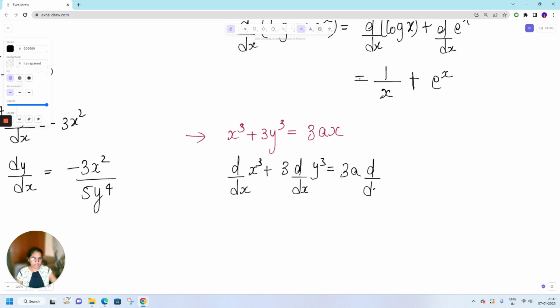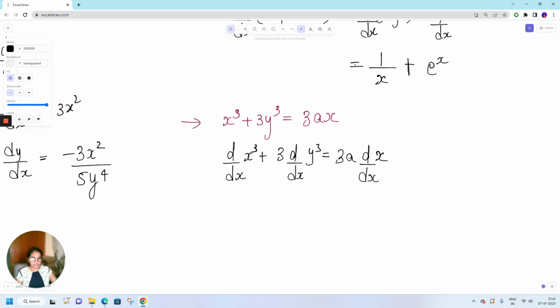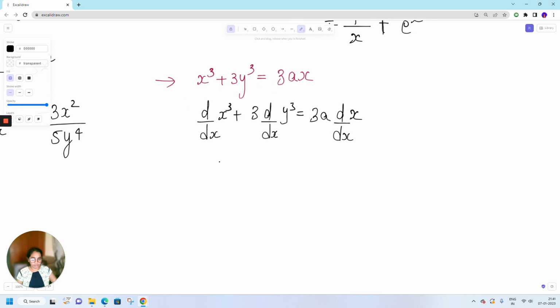Directly I'll take it out and I'll write this as d by dx of x. Okay. So what is differentiation of x cube? 3x square plus 3 remains as it is. Differentiation of y cube is 3y square. Since we are differentiating y, I would have to write dy by dx.